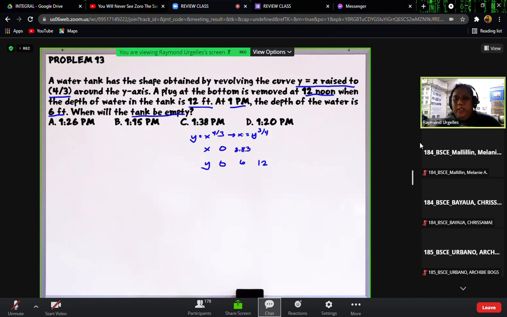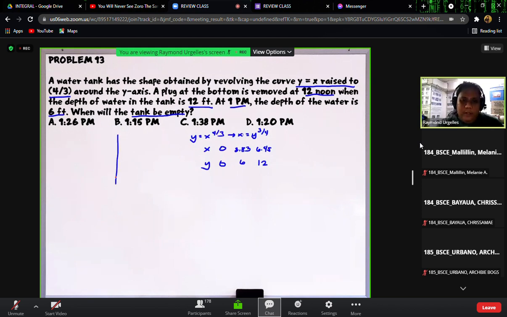At y is equal to 12, 12 raised to 3/4 is 6.45. So again, we have 0, 0, 3.83 at 6, and 6.45 at 12.